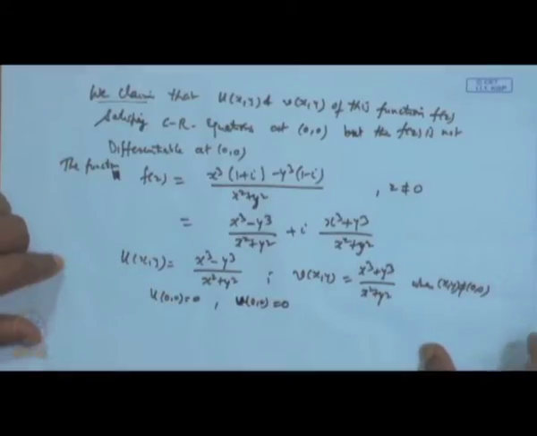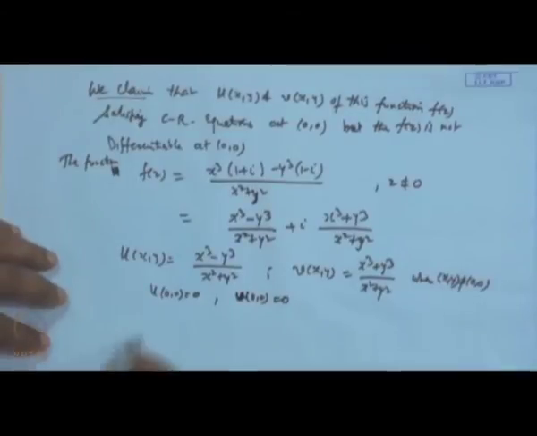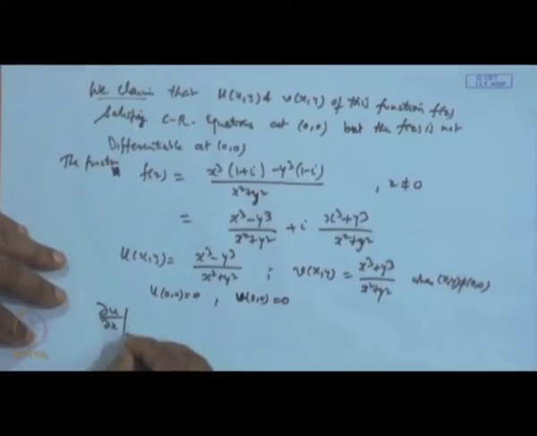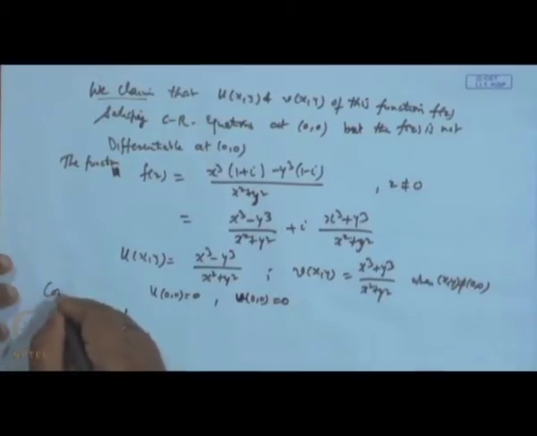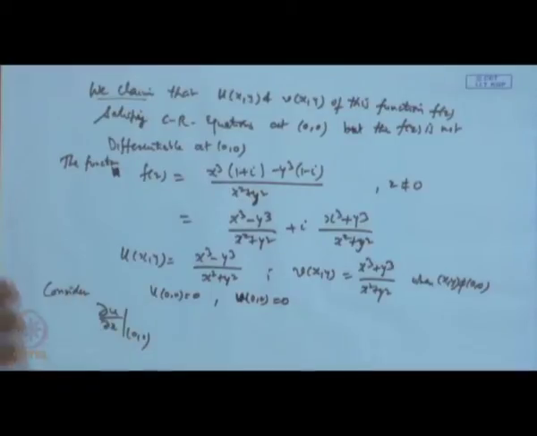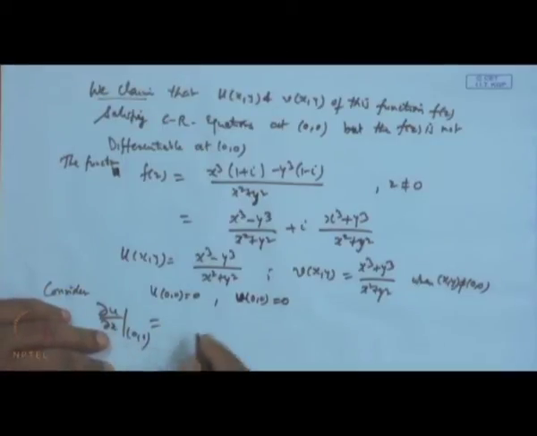Now, we claim this function u and v satisfy the CR equations at 0. It means the partial derivatives of u and v must satisfy that condition. So, let us see what is del u over del x at the point (0, 0). By definition, we are differentiating u partially with respect to x at 0. So, there will be change in the x variable only.